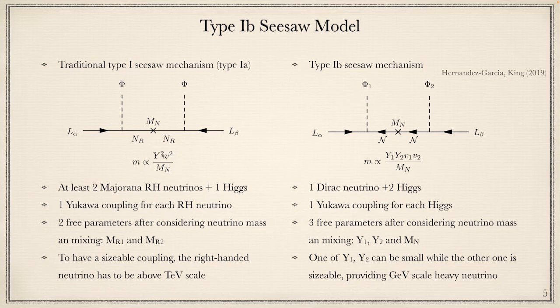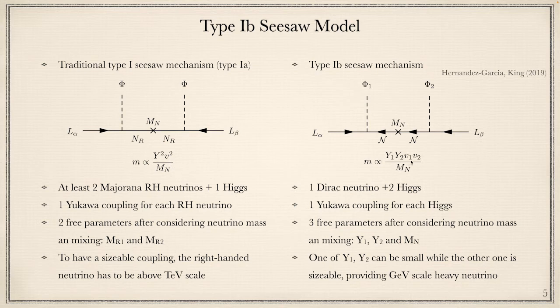And due to the expression of the light neutrino masses, the standard model neutrino masses, in the type 1a Seesaw model, in order to have a sizable coupling, we need the right-hand neutrino mass to be above the TeV scale in order to have dark matter production dominated by the neutrino Yukawa process.